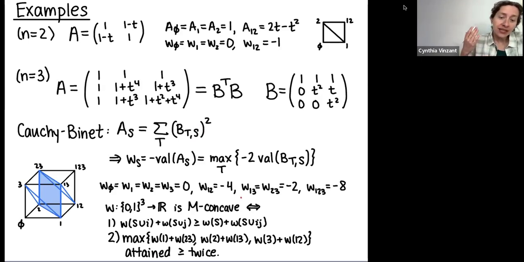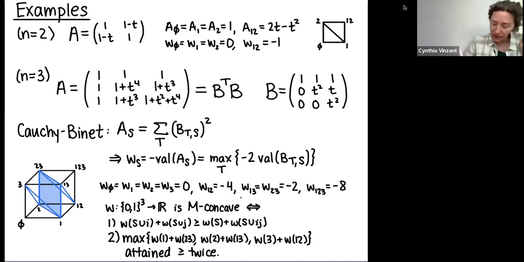If we take the valuation of this, because all of these terms are non-negative, it's impossible for anything to cancel. In general, when you try and take the valuation of a sum, you need to worry about the initial lower order terms canceling out.